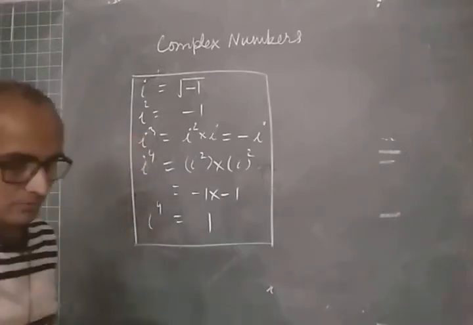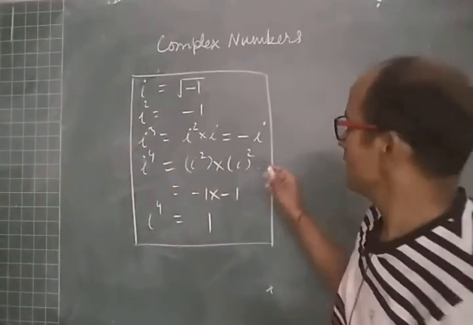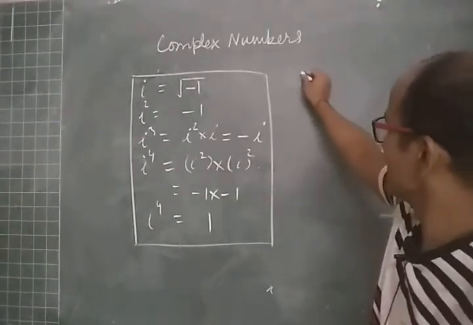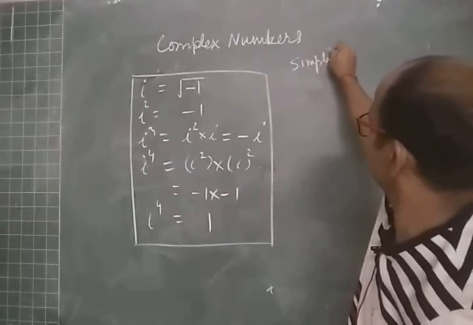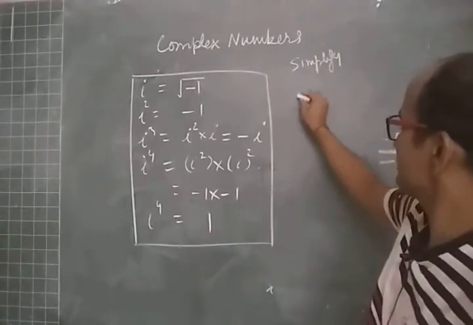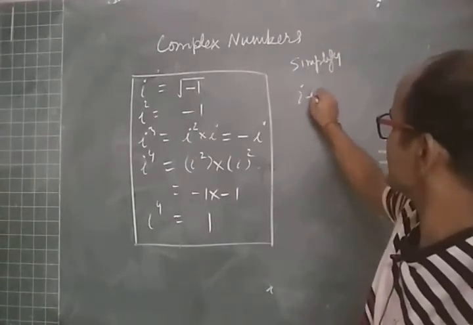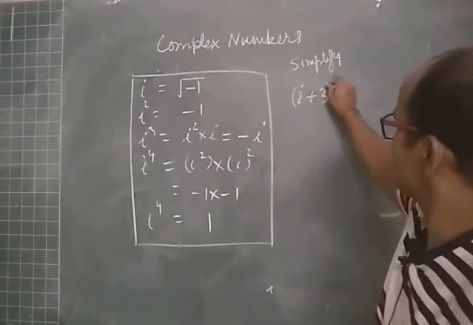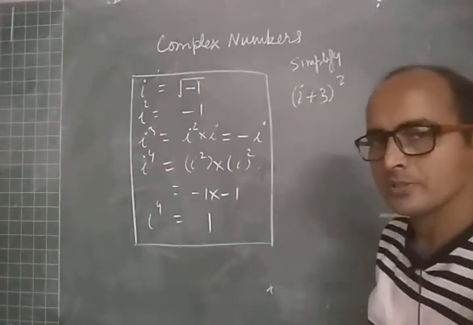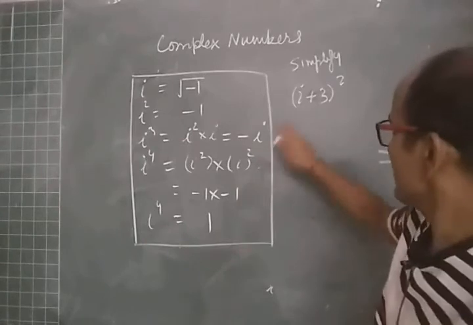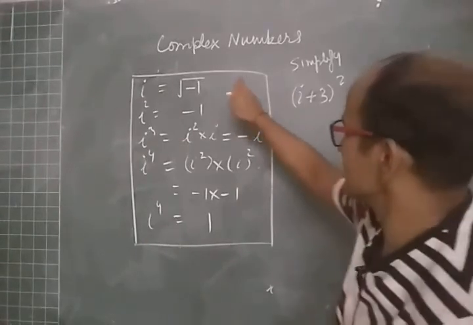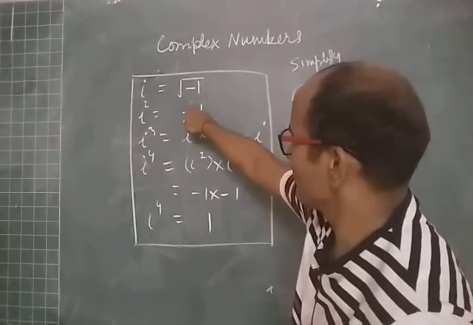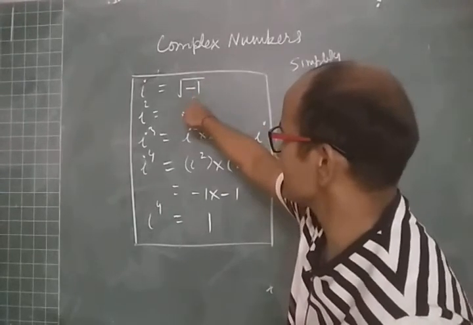Now if we want to solve a few terms given in iota, like simplify iota plus 3 raised to the power 2, what will be the simplification of this? First, you will not write iota is equal to square root of minus 1, but you will always write square root of minus 1 as iota.